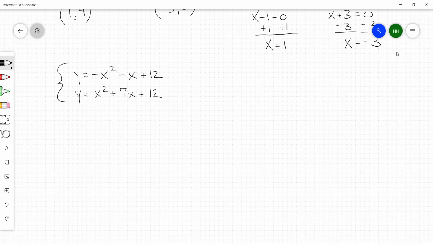So now you've got two parabolas that intersect each other. So your technique is pretty much the same as the last problem.